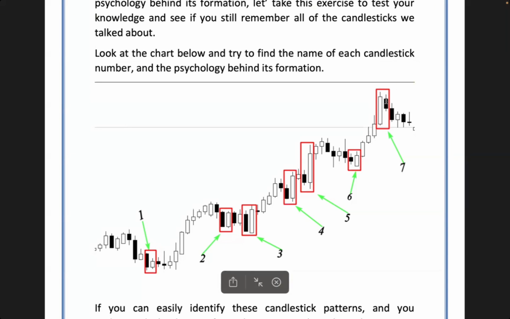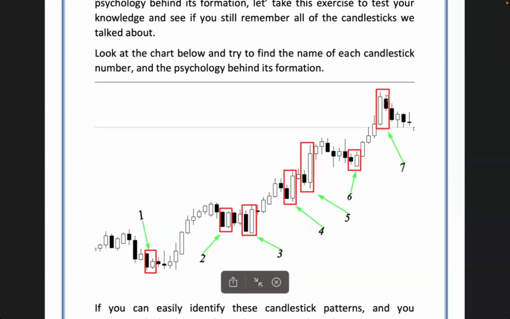But this is the first indication. We have the mother candle here, which is a bullish one, and then this small bearish candle, the baby candle, which was birthed by the mother candle. And like it says, reversal. So maybe you wanted to trade that type of retracement here.